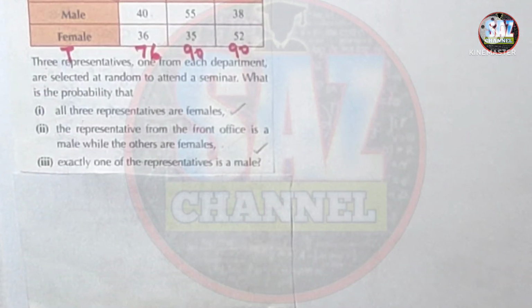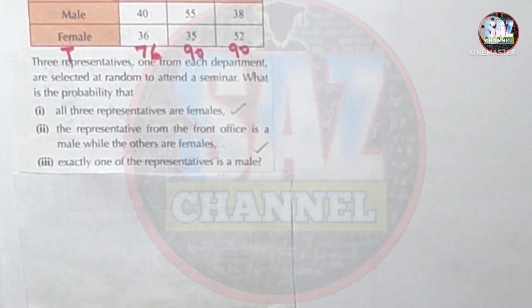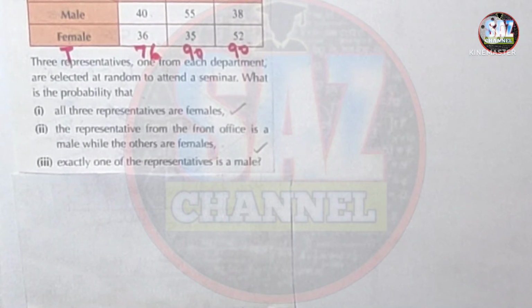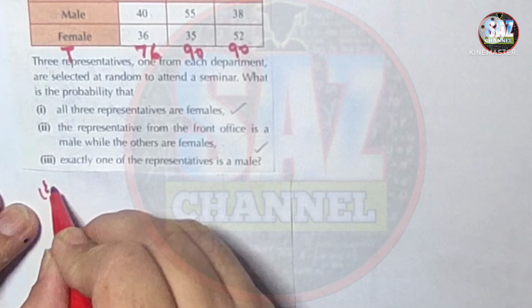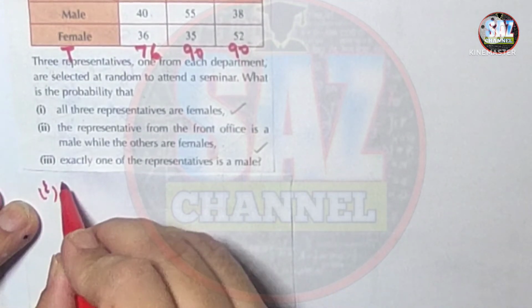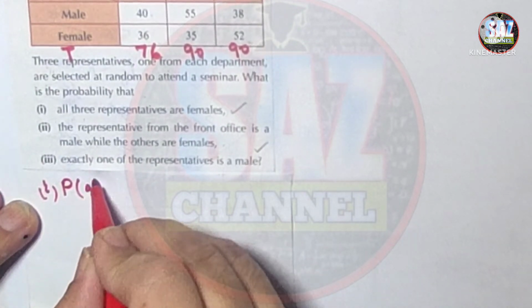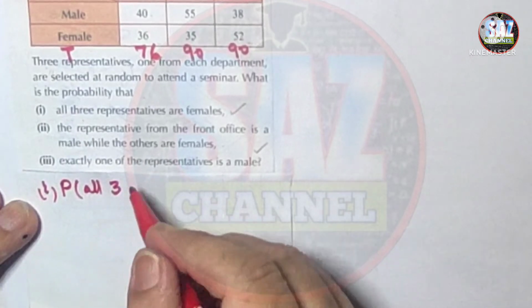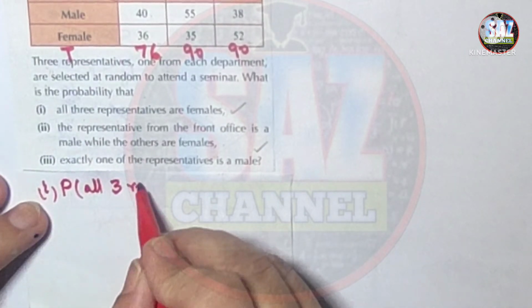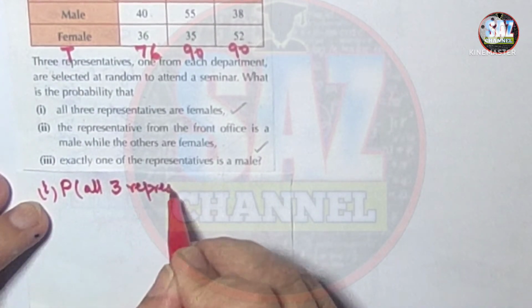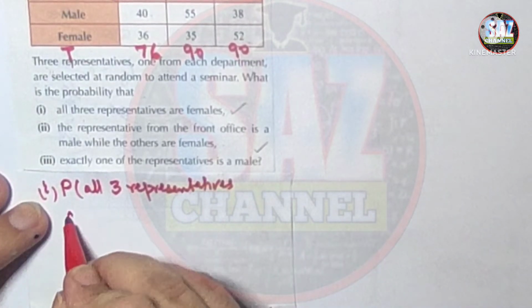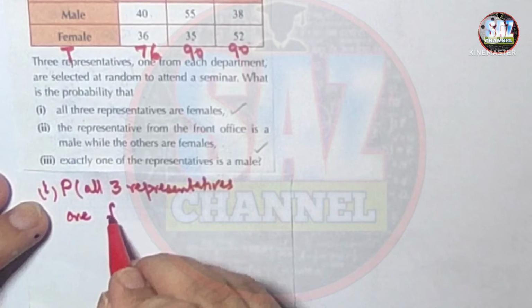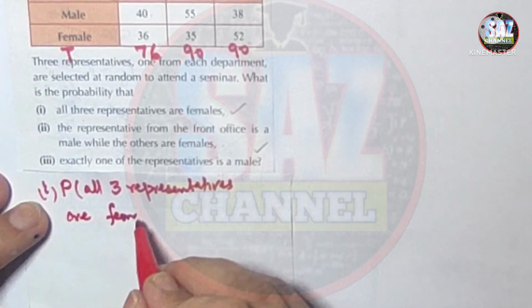Let's move to the discussion of the first part, that all three representatives are female. What do we understand from this?